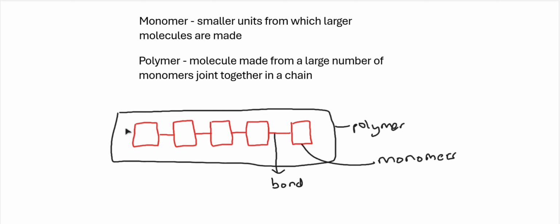The black box is just a theoretical way of highlighting what the structure is, because this entire thing that I'm highlighting right now is the polymer. So this whole thing is the polymer.